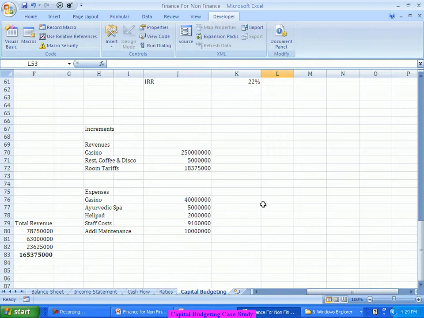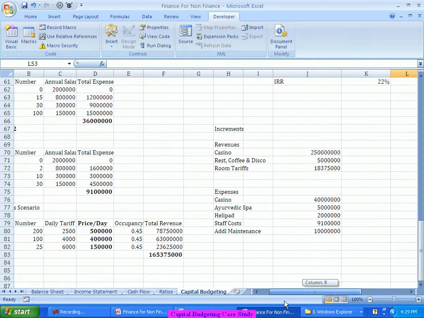Now if I see here in the second example case, again these are the numbers. Casino, you are investing 4 crores, which is one time. Ayurvedic spa, you are putting another 50 lakhs, one time.